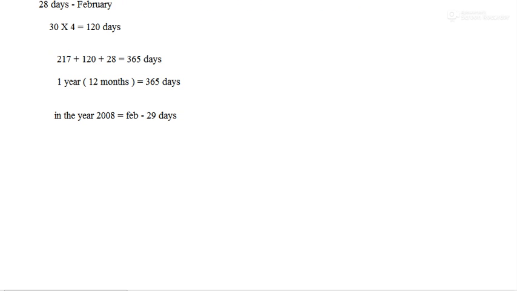Here the LCM is 4. Now all the denominators are the same. Now add 1 plus 1 plus 1 plus 1, it's 4. Or if we multiply 1/4 into 4, we get the same. So the 4s cancel. It's 1.